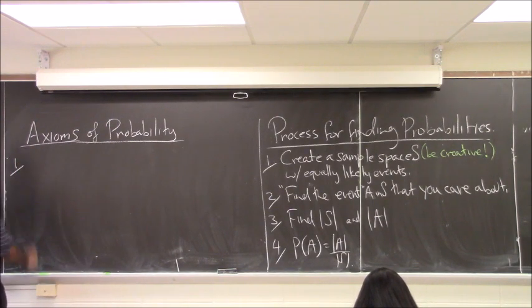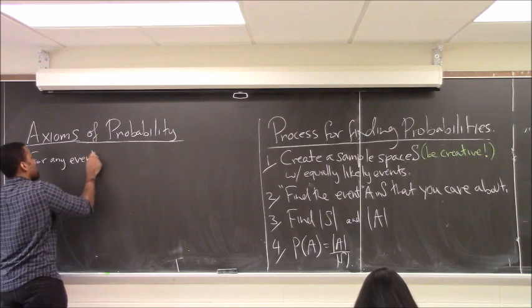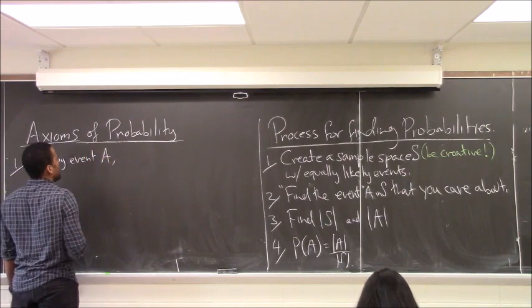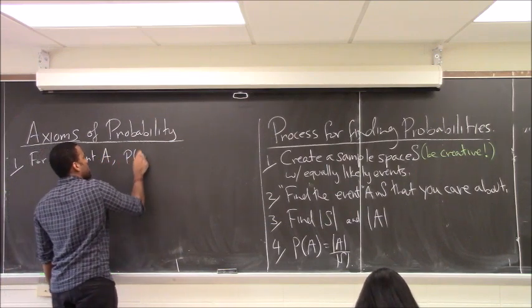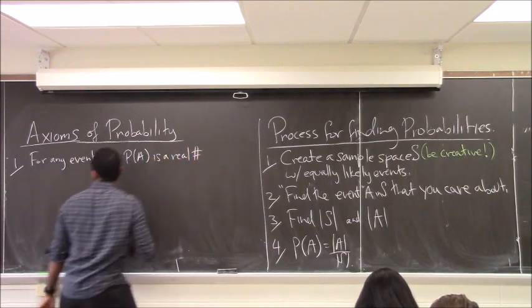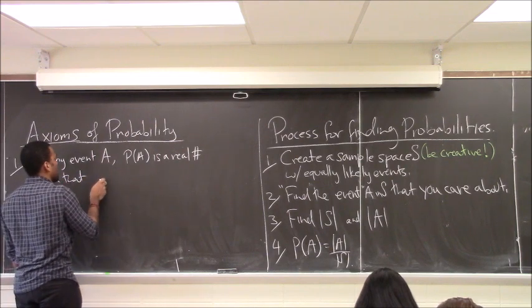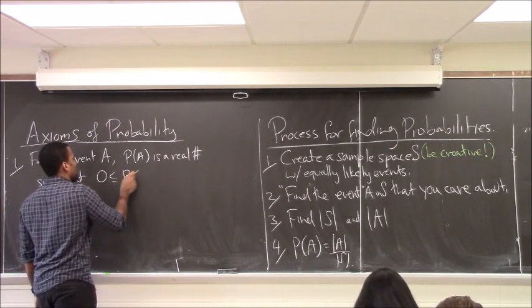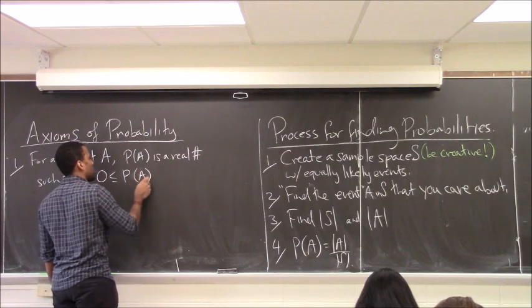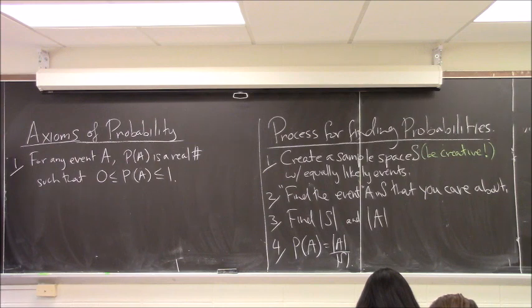1. For any event A, the probability of A is a real number such that we'll always get a number between 0 and 1.